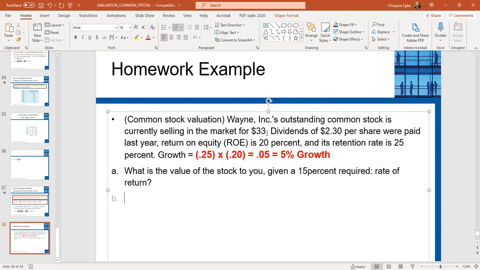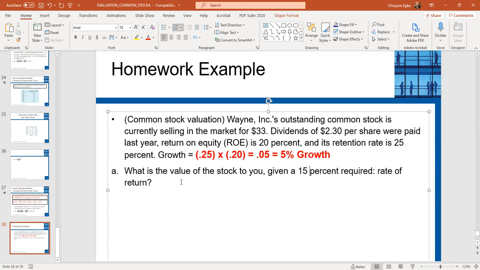Now, we expect that if sufficient investors continue to buy the share for $33, that means they anticipate their required rate of return is going to change. But let us say that investors require 15%.